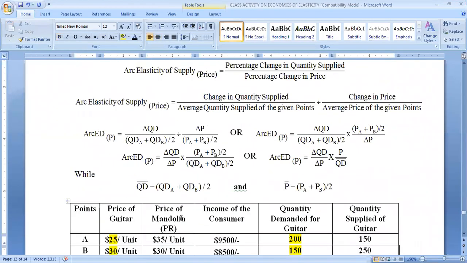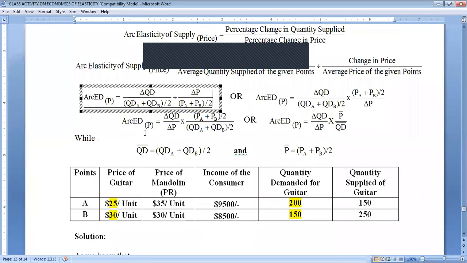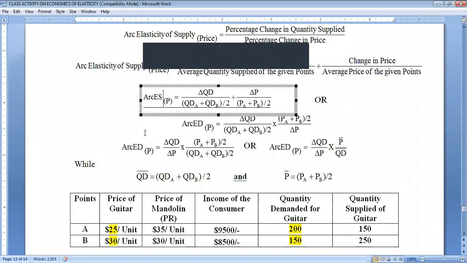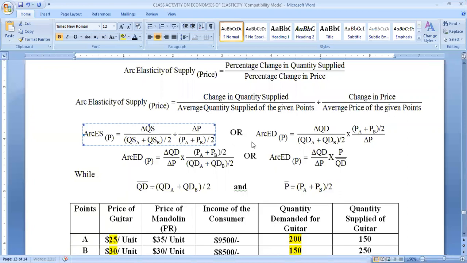Then in place of delta QD, it should be written as delta QS, and elasticity of demand can be replaced with elasticity of supply. QD should be replaced with QS, and the rest of the formula should remain as it is.